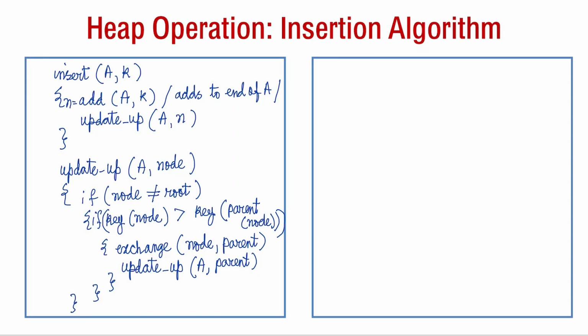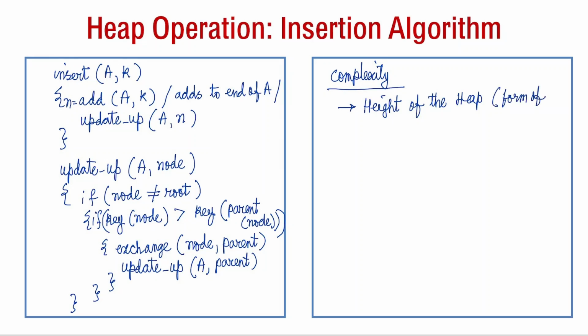This is how we saw the algorithm, and this complexity. What is the complexity of this algorithm? In each step there is one step, so the complexity of the algorithm is the height of the heap in the form of a binary tree.